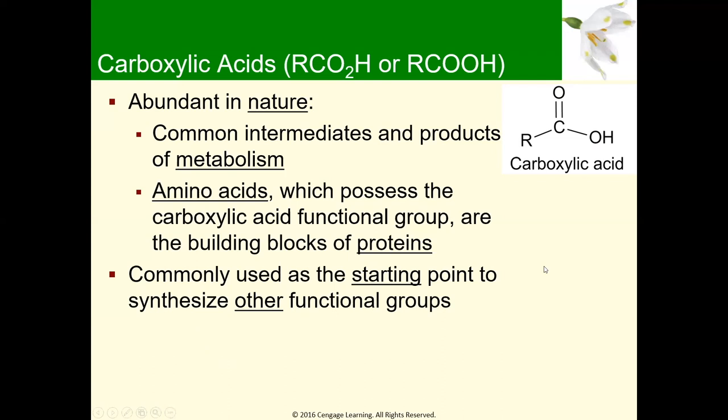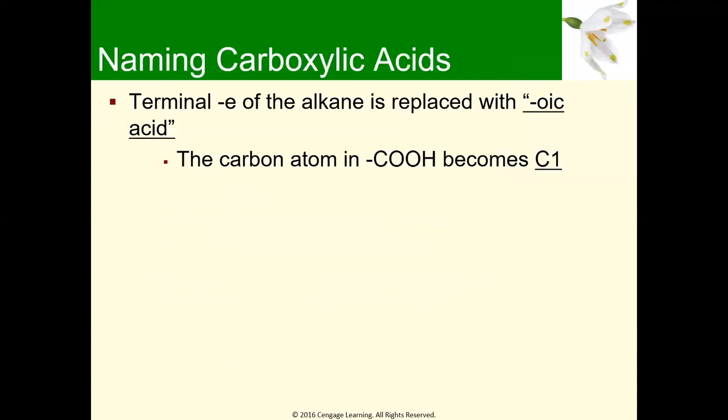All right, so let's learn a little bit about carboxylic acids today. First of all, as has been the pattern, we're going to talk first about naming. Similar to the naming rules for the other functional groups, we're just going to change the suffix. We're going to take the E off of the alkane parent name and change that suffix to oic acid. So the terminal E of the alkane is replaced with oic acid.